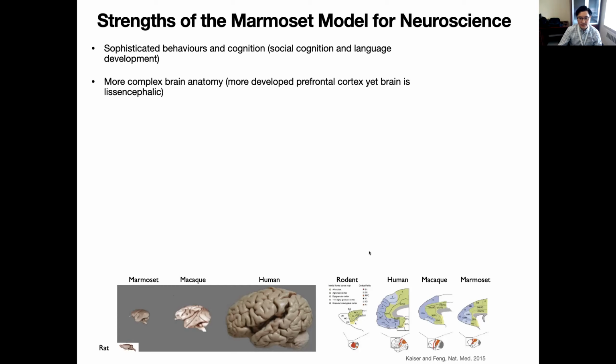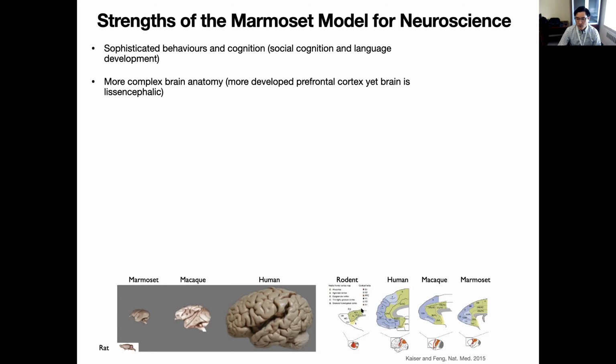Although the marmoset brain may not have some level of anatomical complexity, it has some very interesting complexity in terms of specialization. On the lower right here, we're looking at the areas related to the prefrontal cortex. As you can see here, this is the rodent prefrontal cortex and its basic organization and relationship to the human prefrontal cortex.